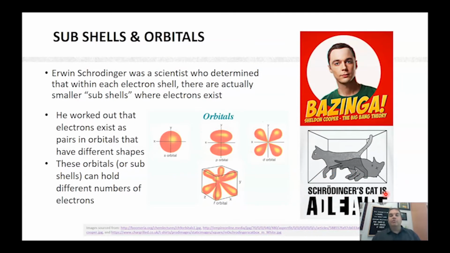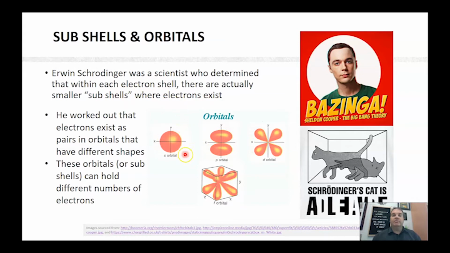However, we don't really use those when we're talking about electron configuration in chemistry, because the electrons in those shells actually have different orbitals, and there's different energy for those electrons. Even though there's 18 electrons in that third shell, they don't all have the same amount of energy. There was a scientist called Erwin Schrödinger who determined that within each electron shell there are smaller subshells where electrons exist.